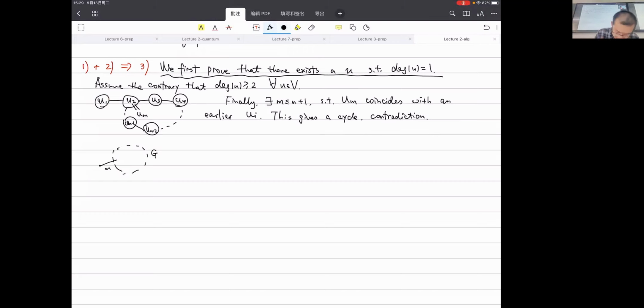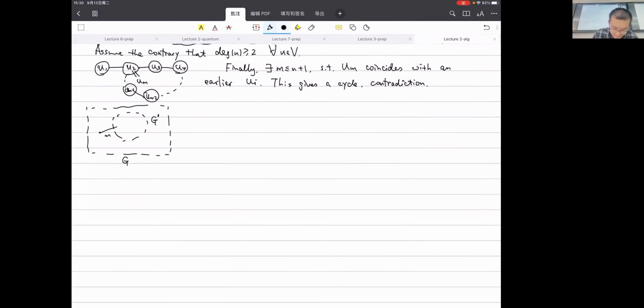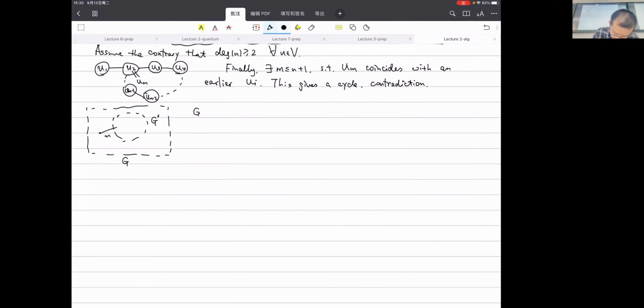Sorry, this subpart is G prime, and as the notation above, this whole part is G. As we mentioned above, we consider this G prime where V prime is taking this u out, and E prime is the edge set with the edge removed. So this G prime is still connected, and G prime is acyclic.